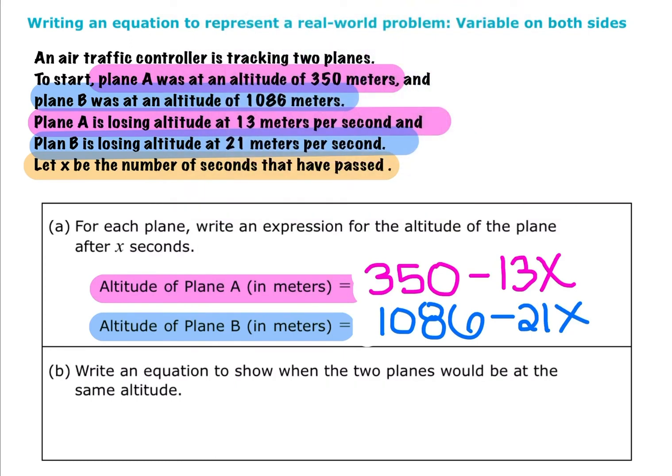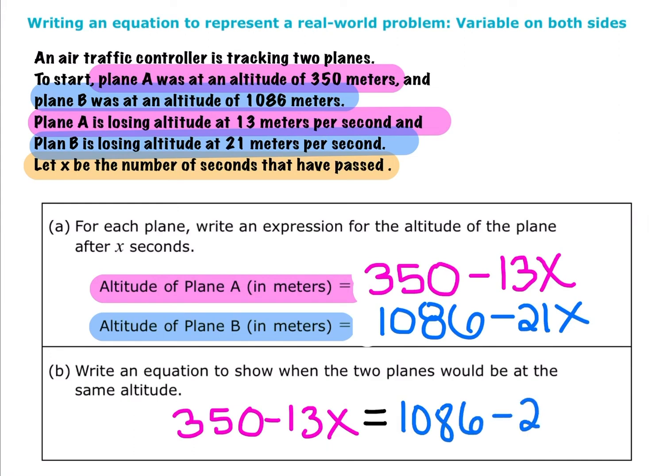So in other words, 350 minus 13x is going to equal 1,086 minus 21x. It does not ask us to solve the equation, it just asks us to set it up.